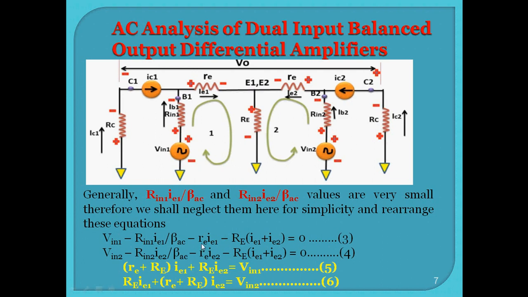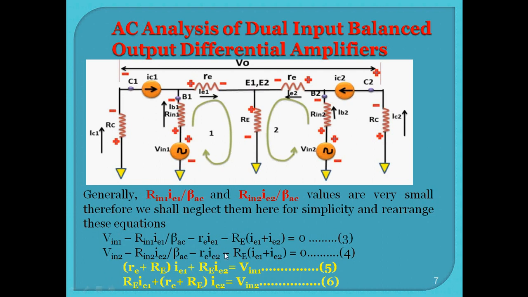The coefficient is small re plus capital RE, and plus capital RE into IE2 is equal to Vin1. So don't get confused here. For this equation we can simply write first Vin1 minus re IE1 minus capital RE into (IE1 plus IE2) is equal to 0. When we split this, we get IE1 common and its coefficient in the bracket is re plus capital RE, and both are negative terms, so we equate with Vin1. So the negative terms become positive.